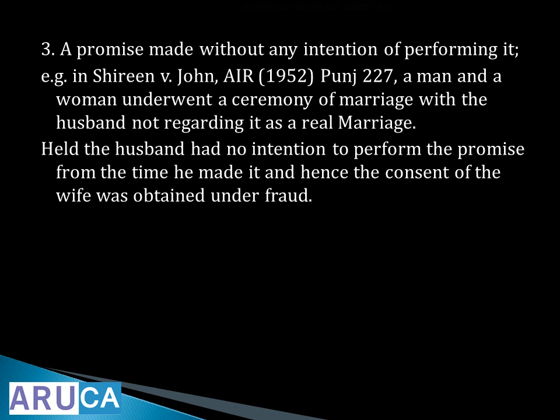He was not having an intention, so the consent of the wife is made under fraud. The husband knew throughout the whole process that he doesn't want to marry, but still married, concealing it. That is without intention of marrying. That is a fraud.